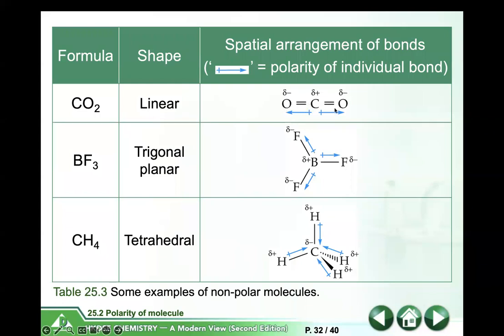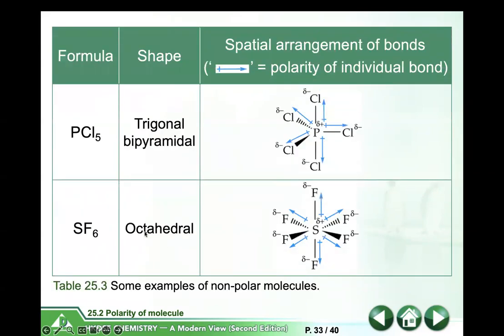They cancel with each other. So the polarity of the two polar CO bonds cancel each other. So we say that it is a non-polar molecule, just the same case as BF3 or CH4.